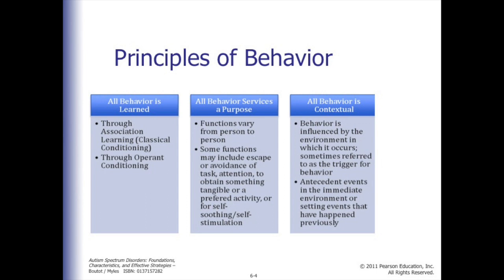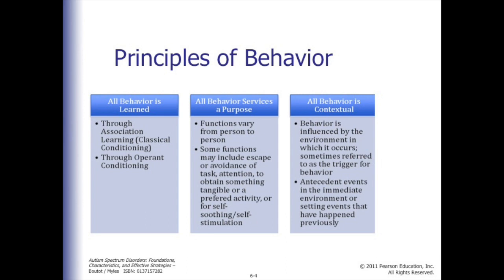That's why it's important to look at the specific antecedents and consequences to determine the function for each individual. The four main functions of behavior include escape or avoidance, attention, access to tangibles or preferred activity, and sensory.